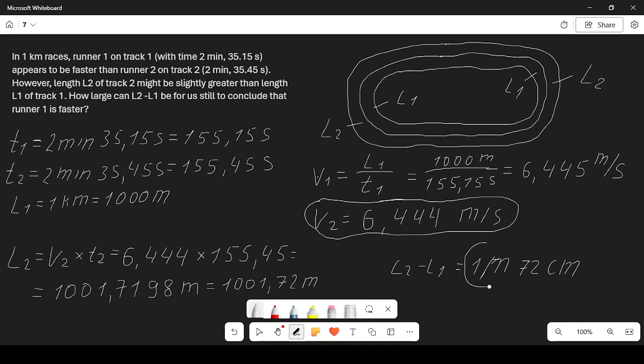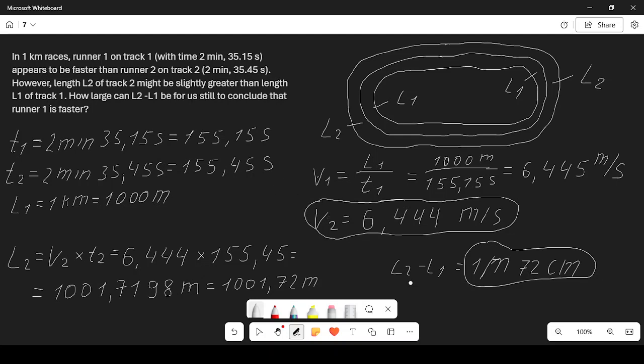So what does this answer mean? If the length of track number 2 is bigger than the length of track number 1 by a number more than that, let's say 2 meters, we cannot consider runner number 1 faster than runner number 2.